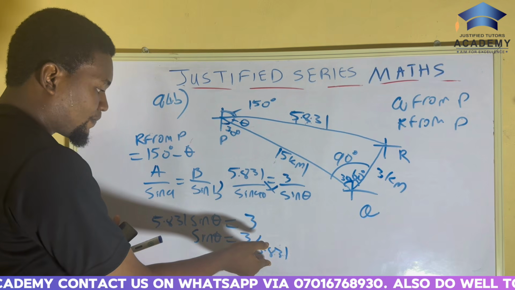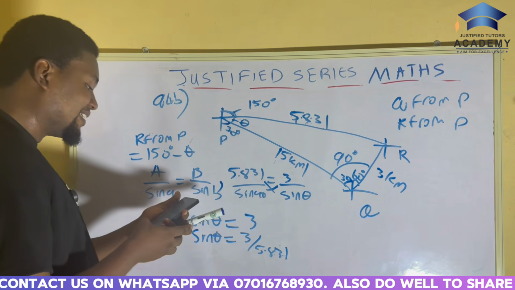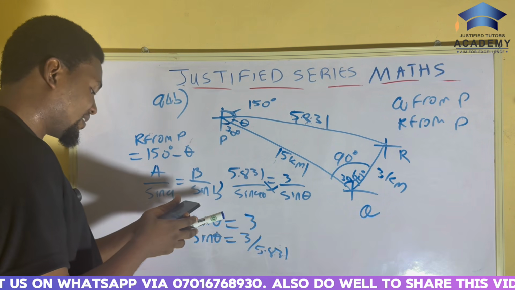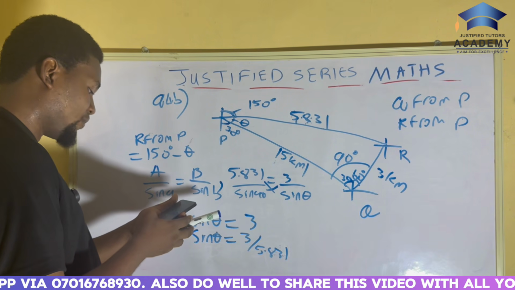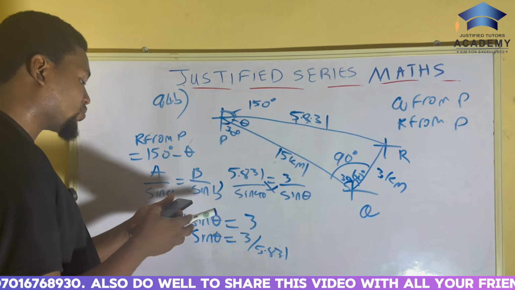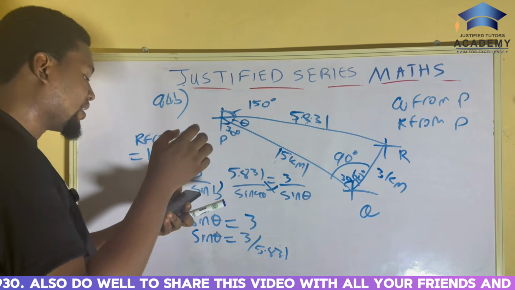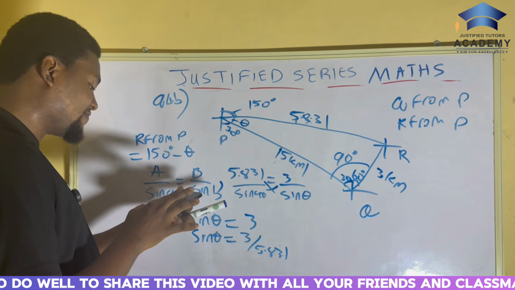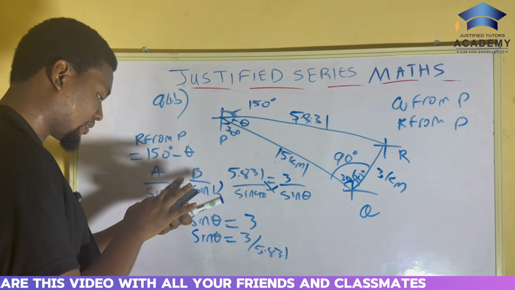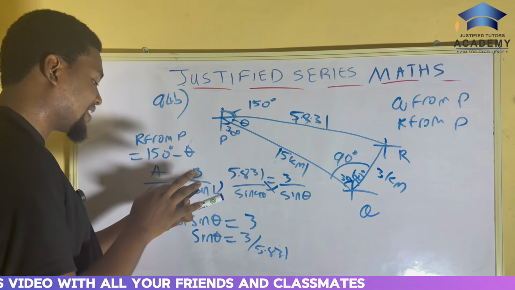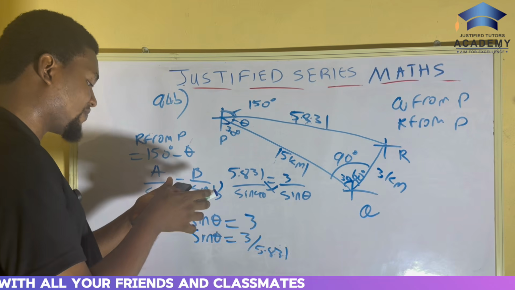So now we have this. What do we do next? What is 3 divided by 5.831? That is 0.5145. What do you do next? You take the sine inverse.